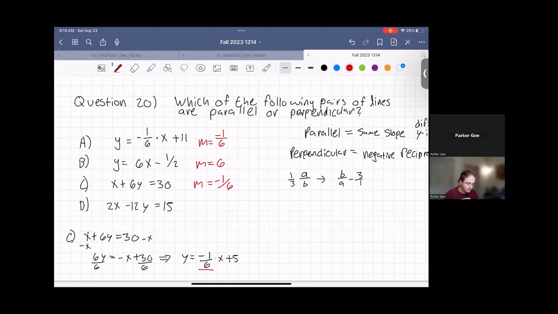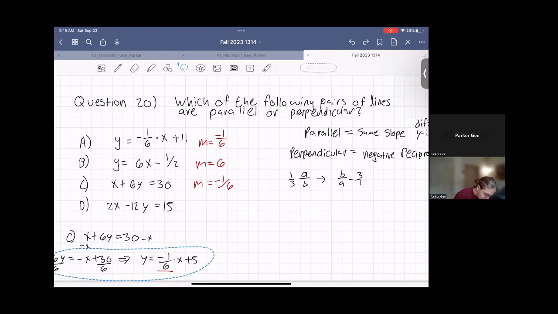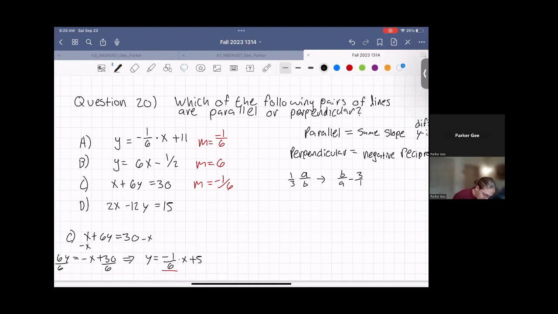All right. Now we can do the last one. I'm just going to go ahead and move this stuff over. And then we have D. 2x minus 12y is equal to 15. Again, we want to get y by itself. So we're going to subtract 2x from both sides. Get negative 12y is equal to negative 2x plus 15.